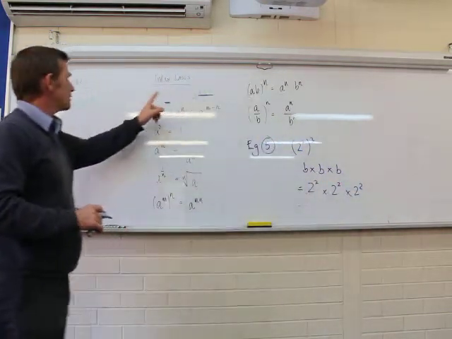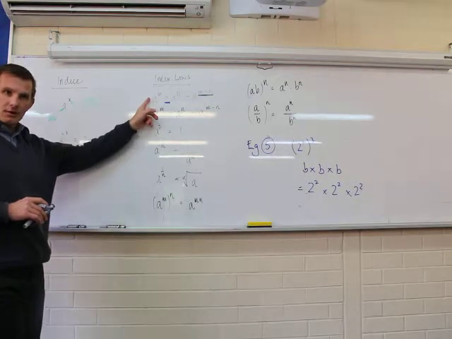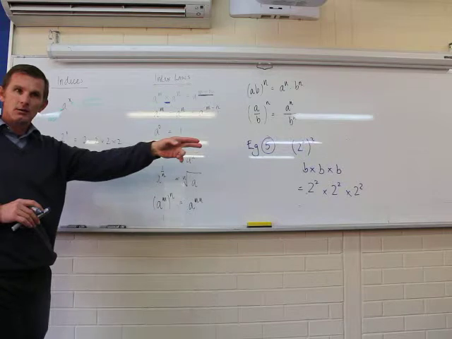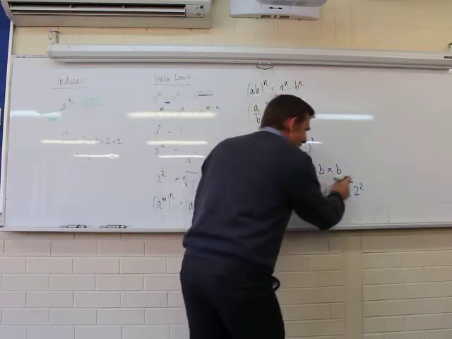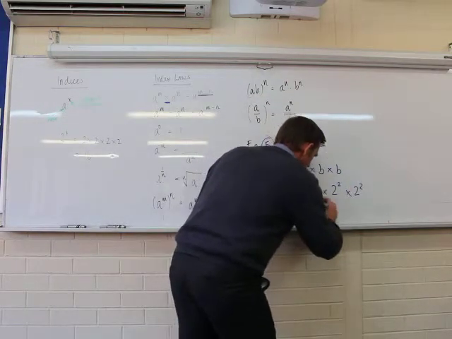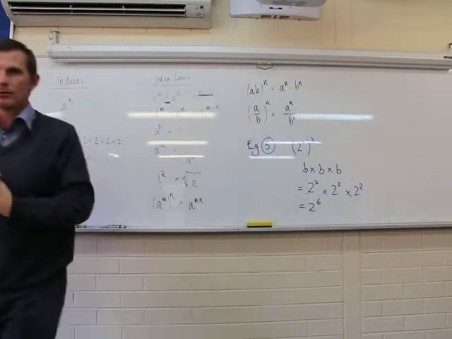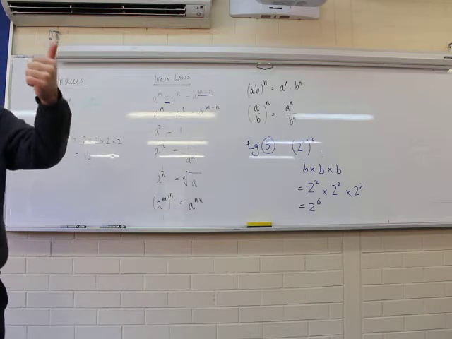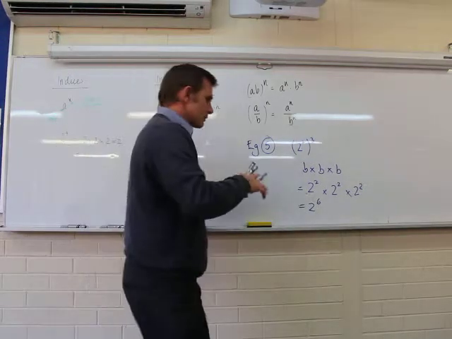Now, can you see how I can use this first index law? Because I'm multiplying with the same base, that would mean that I just add the powers. This would be equal to 2 to the 6. Now we can work that out, 2, 4, 8, 16, 32, 64 if we want. But here's the trick.